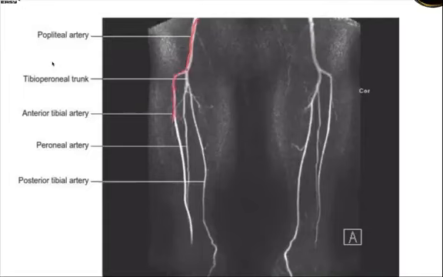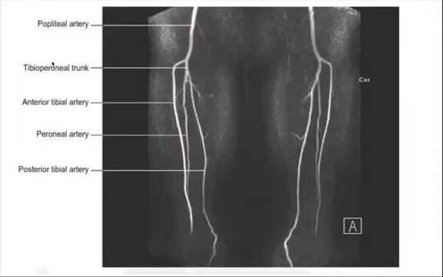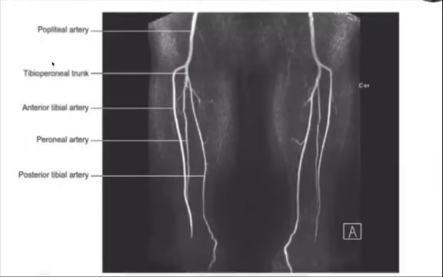Sir, how will we describe it at first when we see it? How can you know this is the popliteal one? Do we have to tell that this is the arteriogram? Yes, yes. You have to say this is the arteriogram of the leg.